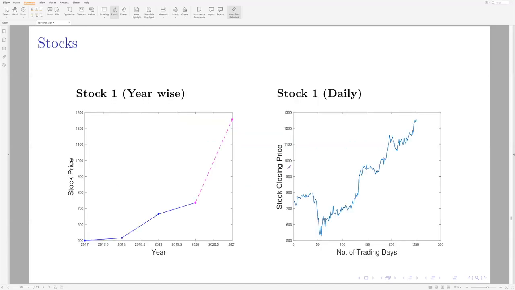See, for example, this is the daily chart of a stock. When you are sitting here, what the efficient market hypothesis says is that whatever information is known to the market till this time has already been factored into this data.